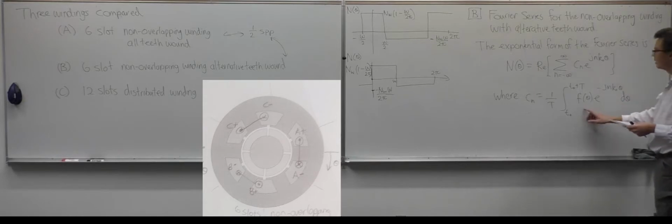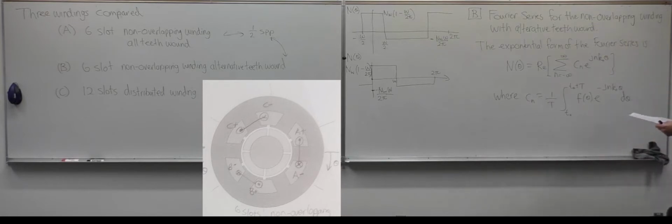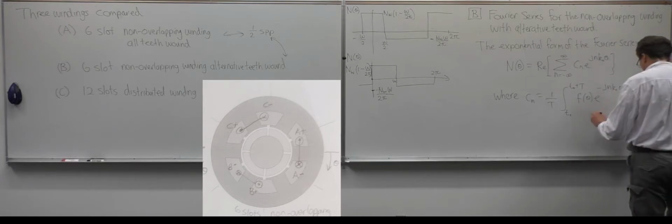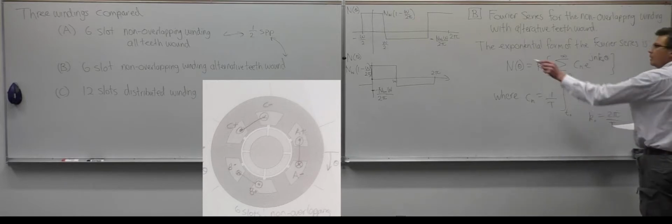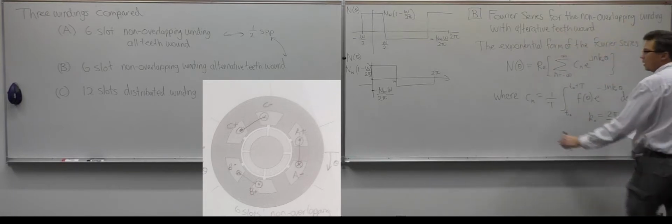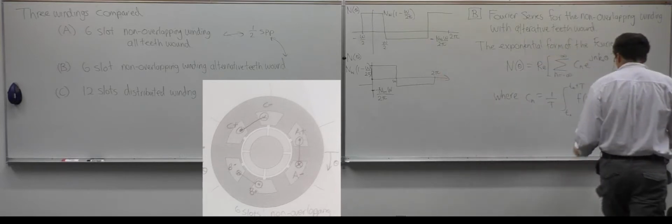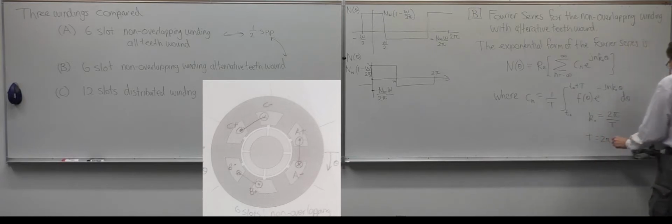In this case, it's going to be the winding function here, right? So k naught is equal to 2 pi over the period, and in this non-overlapping alternative teeth wound winding, we can see the period T is 2 pi, and so therefore k naught is going to be 1.